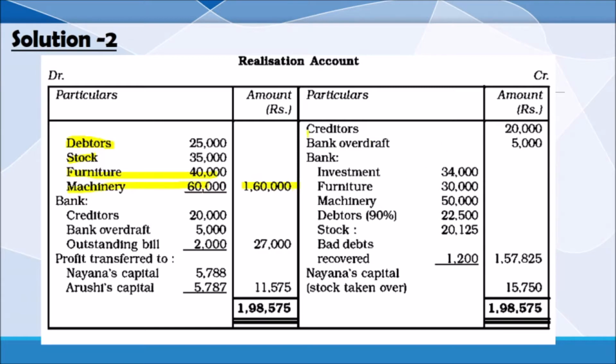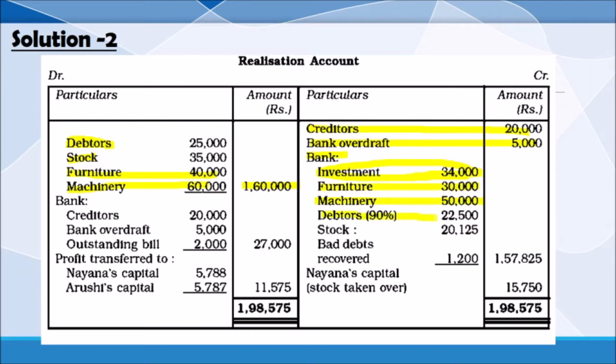And we are transferring the liability, creditors, bank overdraft, it will be in the credit side of realization. Then we are recording the selling price of different assets. Unrecorded investment is there, that will be taken 34,000. Furniture 30,000. Machinery realized value 50,000.